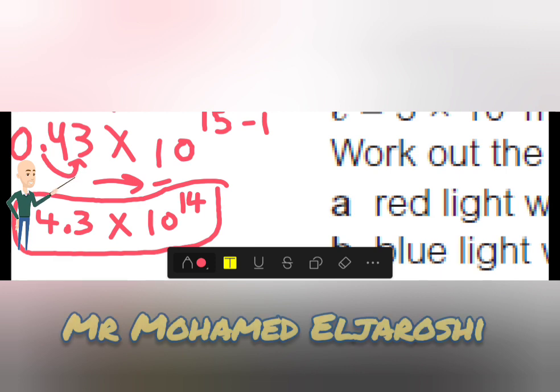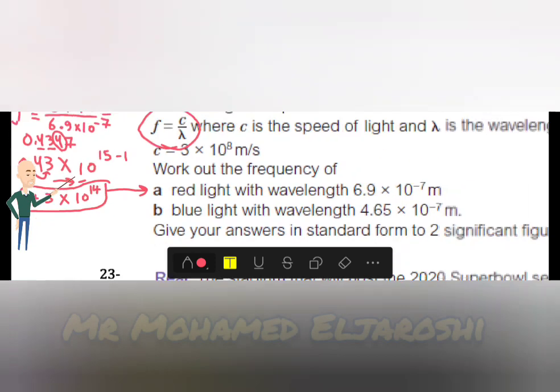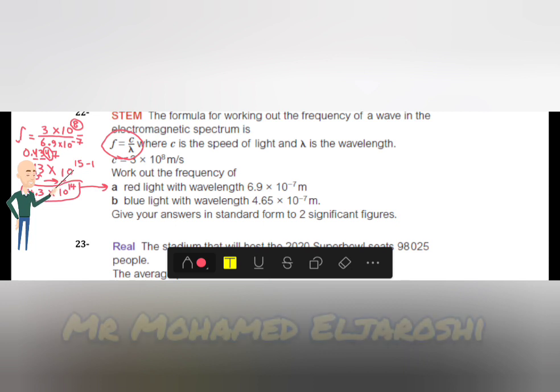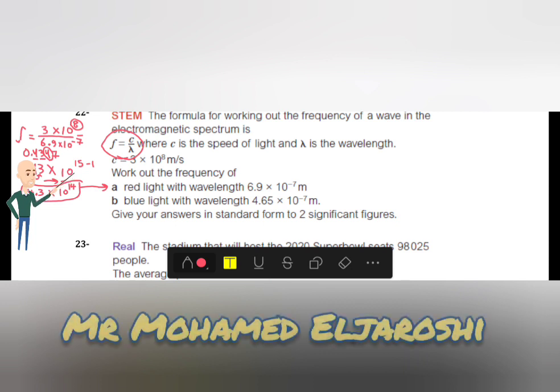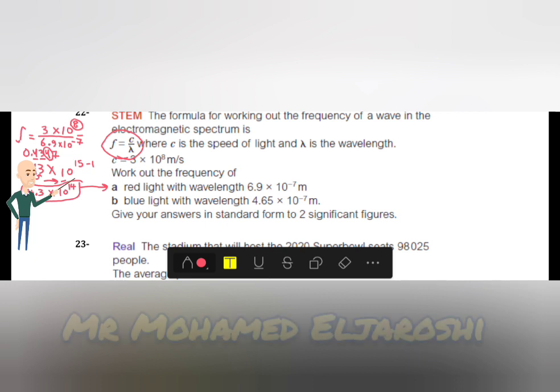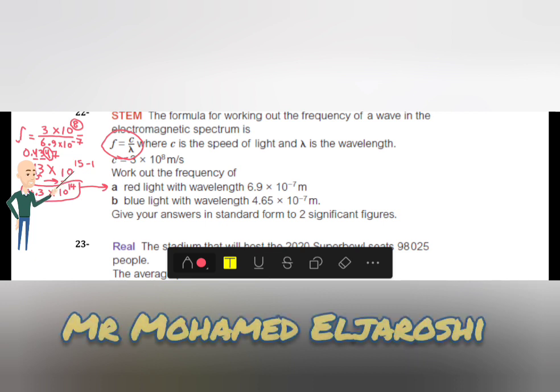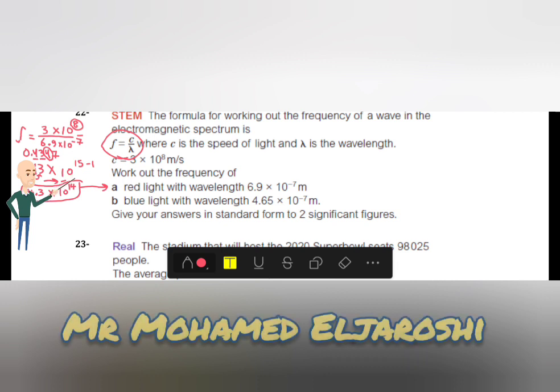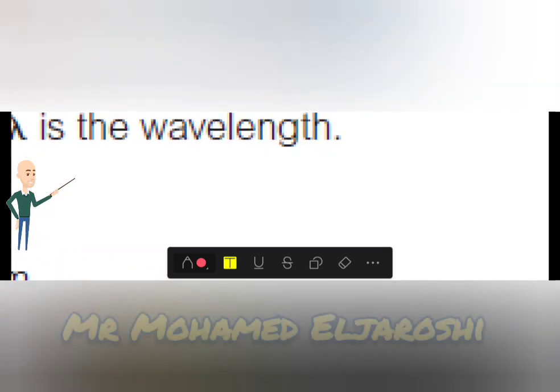And this is for question A. So we found the frequency for the red light that has a wavelength of 6.9 times 10 power of -7. And we're going to find the same thing for the blue light using the same formula here, okay? Now, let's do it together. As we said, the same formula, so it's going to be like this.